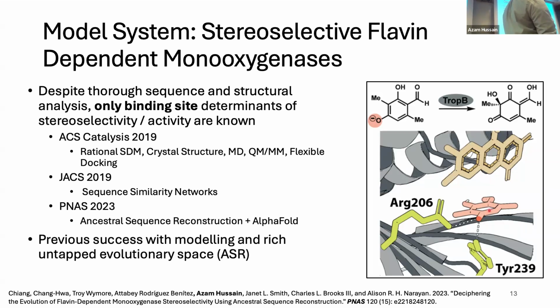But why this system specifically is because we actually know a lot about the substrate. The substrate sits in the pocket and it has a particular face that is exposed to FAD, and FAD takes an oxygen from an O2 molecule, interacts with it, then shoves the hydroxyl group onto a particular face. So that's what happens here.